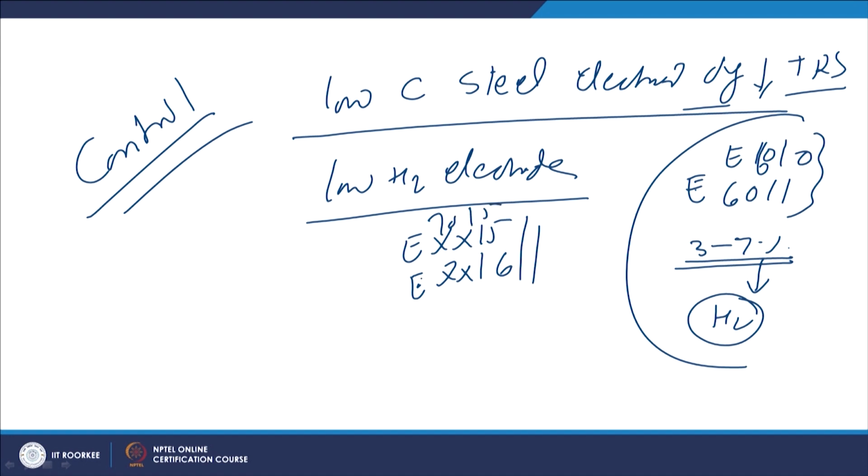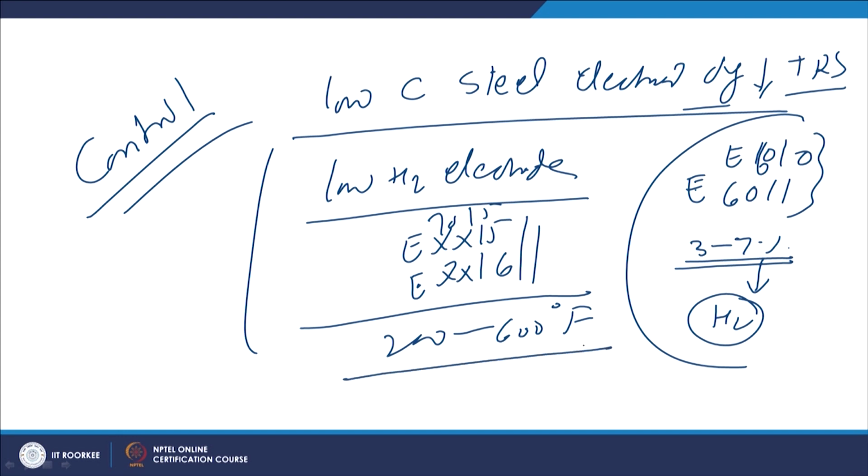Those kinds of electrodes can be used, and thereafter exposure of the weld joints in the range of 200 to 600 degrees Fahrenheit for 24 hours helps in escaping of the hydrogen, so that the issues related to hydrogen induced cracking tendencies can be addressed to some extent.